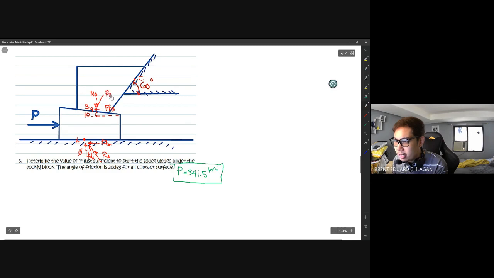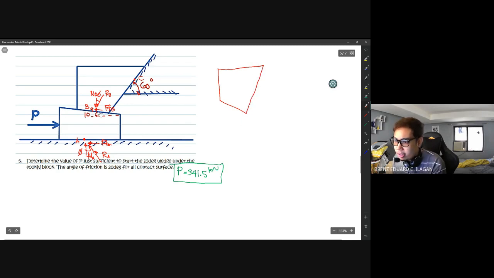So ito yung RB natin acting at an angle of phi. Okay, so ngayon, considering this upper block, so ano bang hinahanap dyan? Yung value ng P. So, ang mangyayari pala dito ka sa taas magsisimula. So, discuss ko na lang yung gagawin nyo. Bali, apply nyo lang siya ng equation.